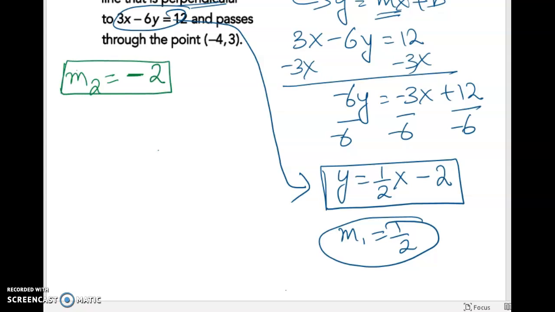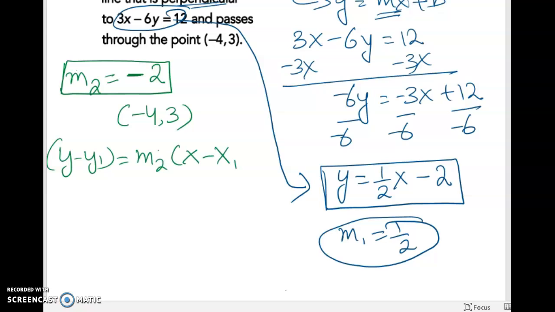Okay, now we have a new slope of a perpendicular line and the coordinates that are given to us are negative 4 and 3. Let's use point slope form and plug everything together to find our new equation. As you can see, I have mentioned m2 because we are talking about perpendicular line here. Okay, what is y1? y1 is 3. m2 is negative 2, times x.